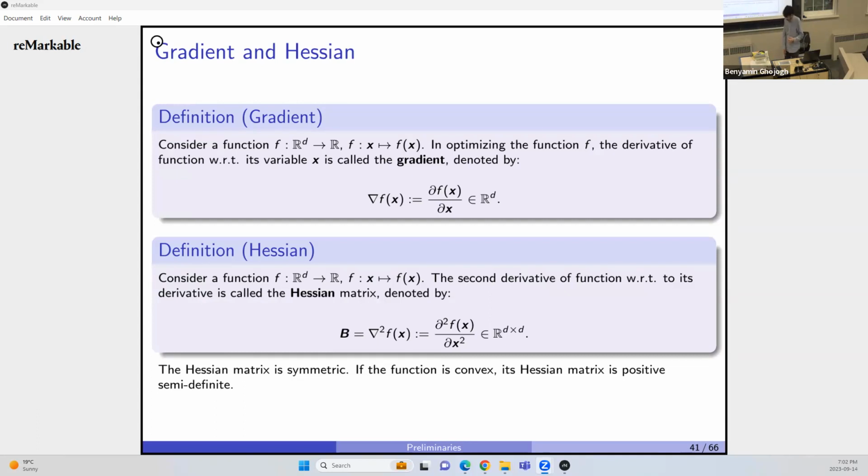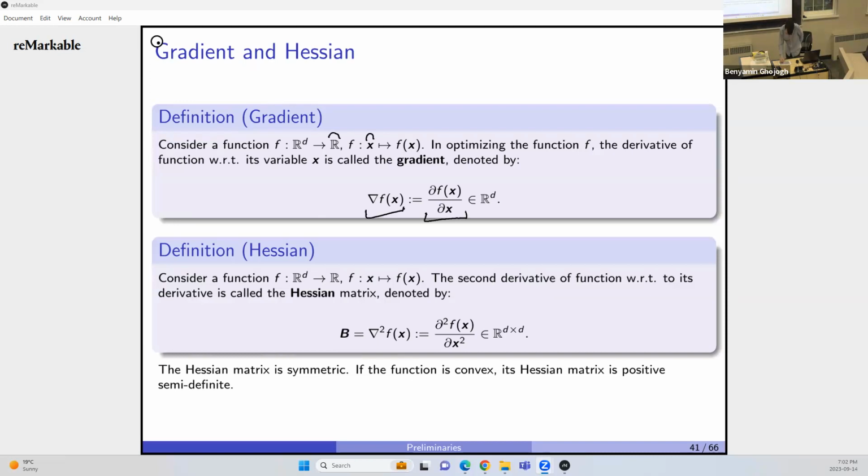Usually when the first order derivative becomes a vector, we call it gradient. Gradients might also be a matrix, that's fine. But usually we take the derivative of a scalar function, whose output is a scalar, with respect to some vector. The derivative of a scalar with respect to a vector becomes a vector, and we call that gradient, and we can denote it either in this way or in this way.